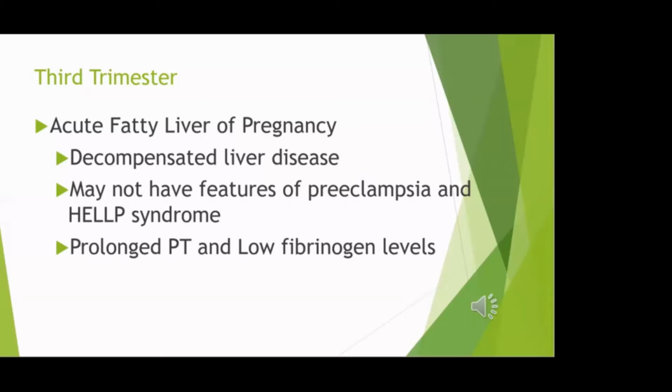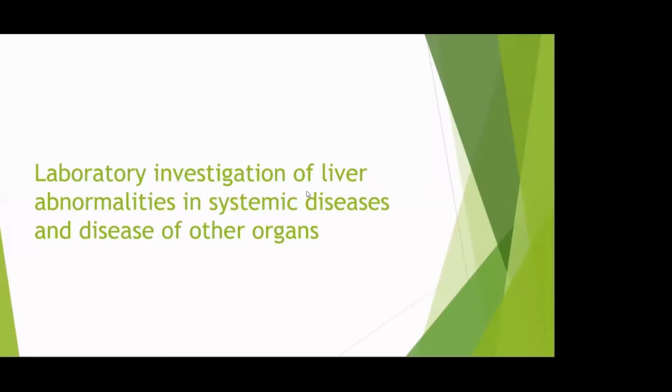So, okay. Now we go to the other systemic diseases that cause liver tests to be abnormal. Liver tests may be abnormal in diseases primarily involving organs other than the liver, such as the heart, intestines, systemic diseases, endocrine disorders, as well as neoplastic processes that do not directly involve the liver.